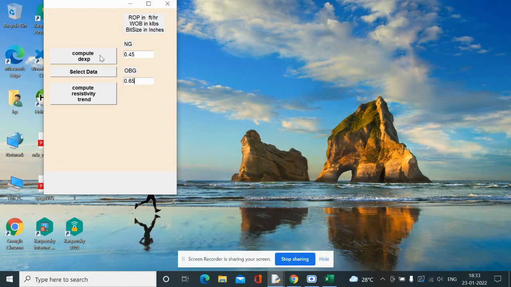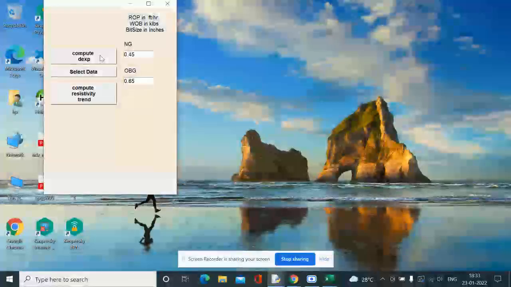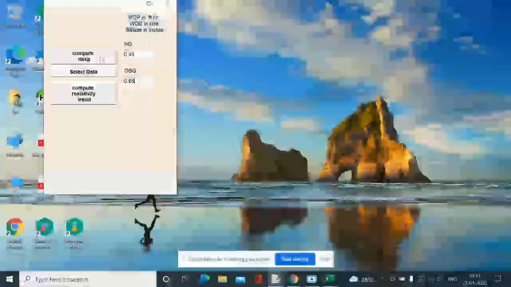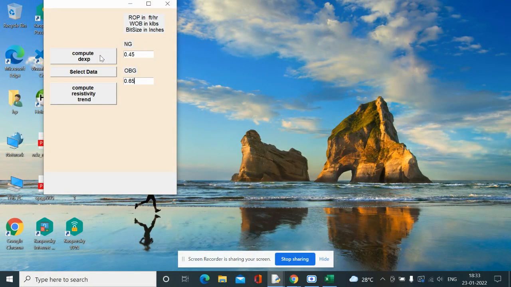Both the d exponent and the corrected d exponent are plotted. And finally, we have the pore pressure plotted versus depth based on the d exponent using the overburden gradient and the normal gradient. Okay, let's go for that.